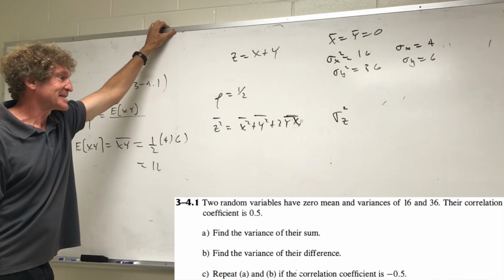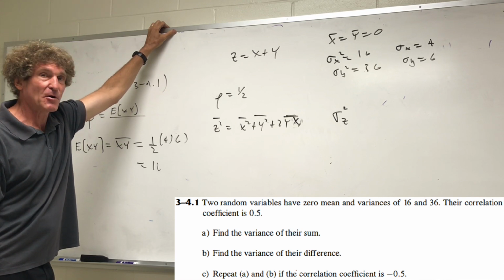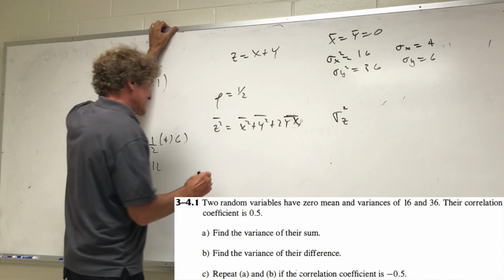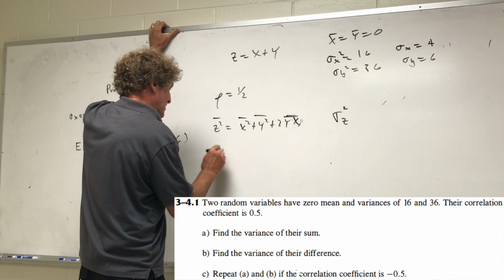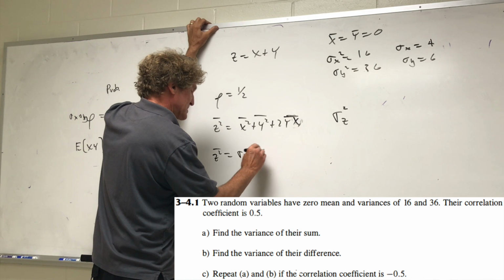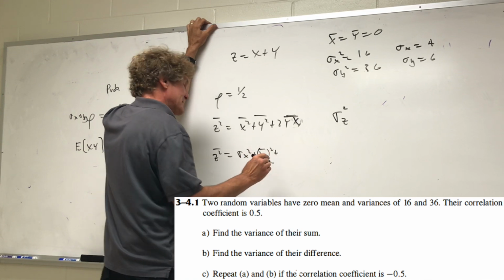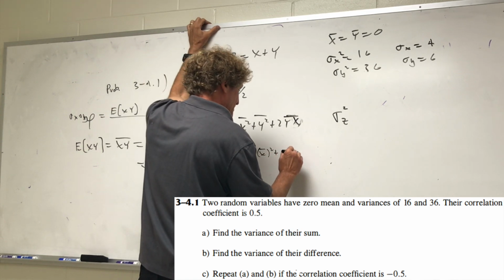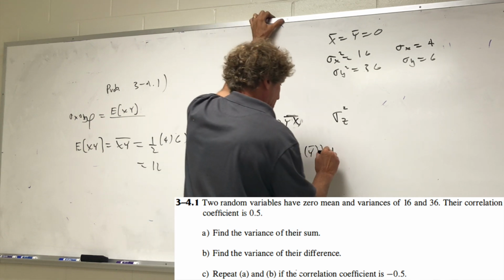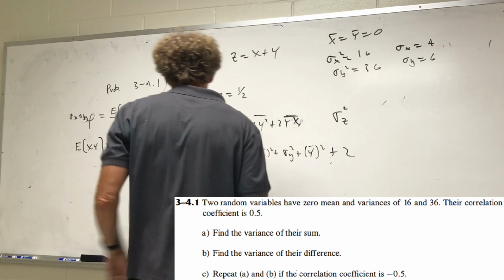All right, next I'm going to replace x squared bar, y squared bar with their standard deviation and mean values, right? So for this, z squared bar is equal to sigma x squared plus x bar squared plus sigma y squared plus y bar squared plus 2 times the expected value of yx.